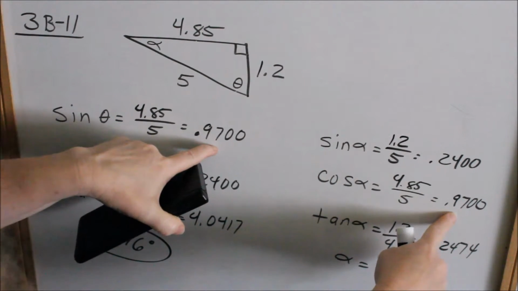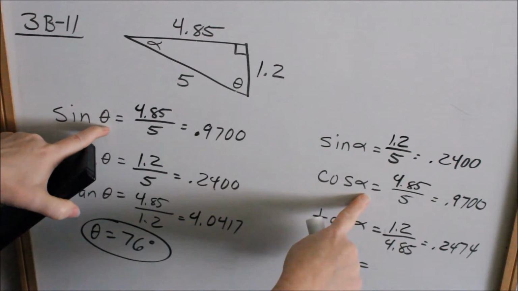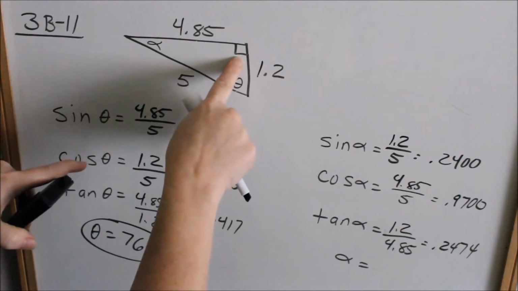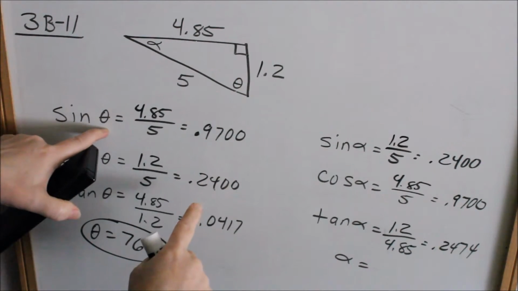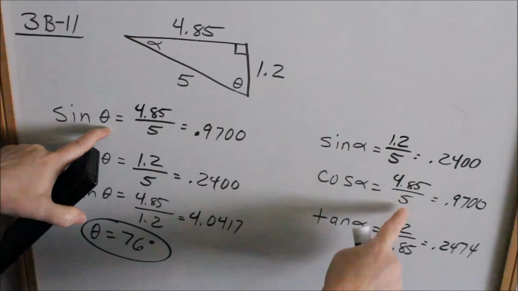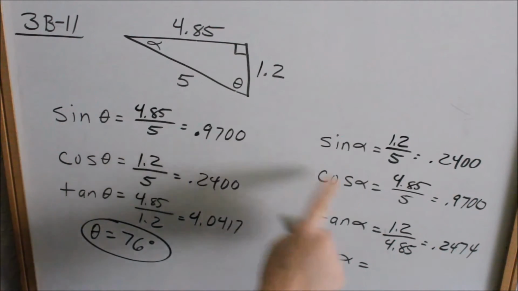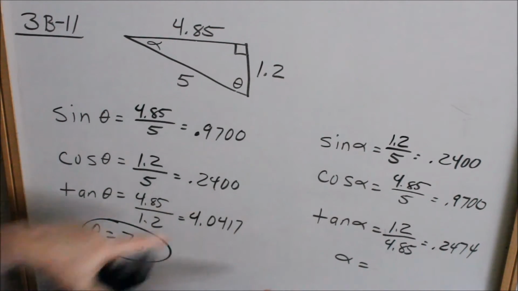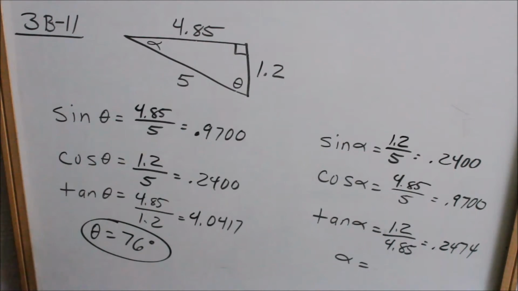These are called cofunctions or complementary functions because theta and alpha are complementary angles. Since this is 90, these two have to add up to 90. And so these are called complementary functions or cofunctions, as we will learn in a few lessons. So sine of one angle is the same as cosine of the other angle. Same here. Cosine of one angle is the same as the sine of the other angle.